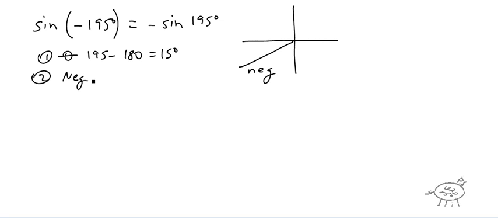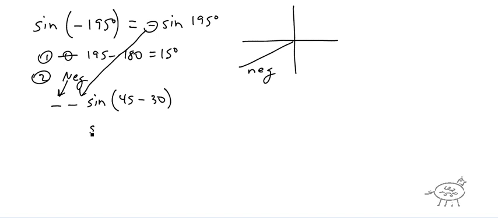So this new problem is now negative, and that negative gets carried down, so it's negative, negative, sine of 15 degrees, which is going to be 45 minus 30. You could also say 60 minus 45, that would give you the exact same answer.